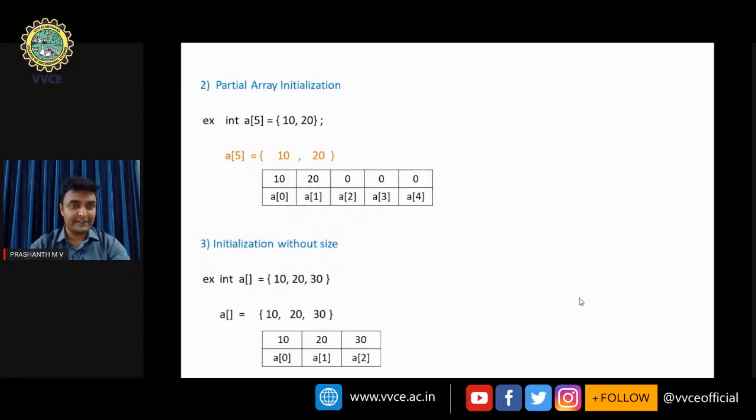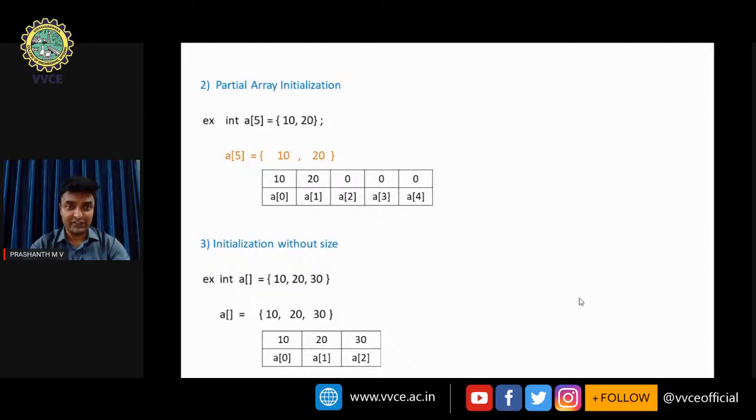Okay, so for example, here int a[5] I have given, and I have given only the values 10 and 20. So I reserved 5 memory locations, but I am using only two values, 10 and 20. So the remaining positions will be zeros.